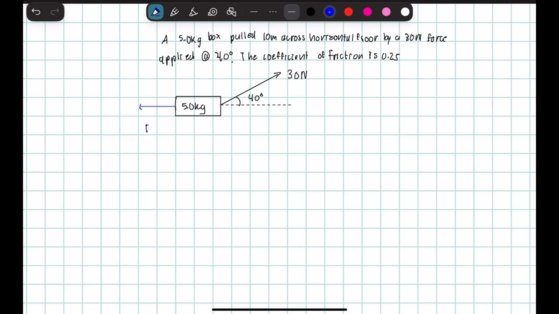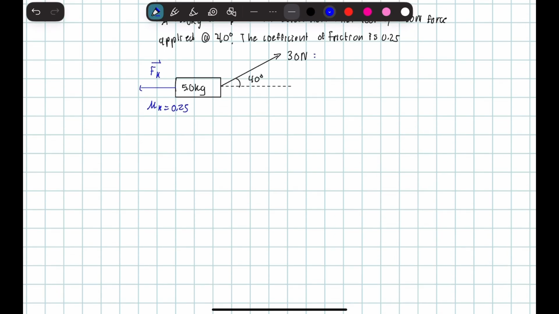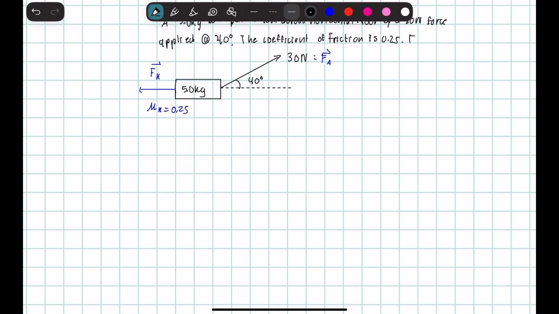So that means that friction has to be smaller. We know mu k is 0.25. Fk is basically going that way, and this is Fa. Now, let's find the net work done on the crate.